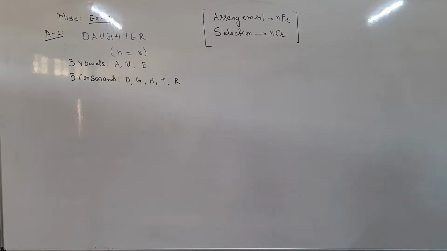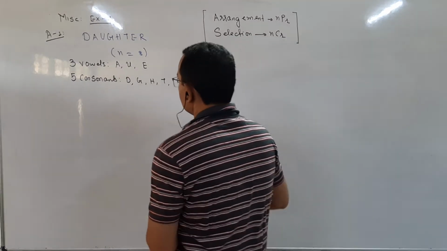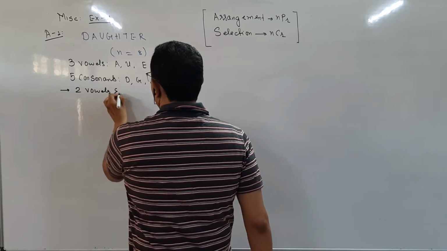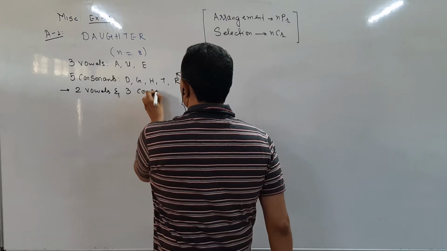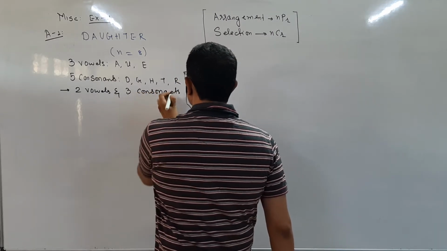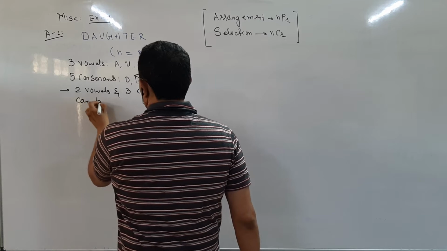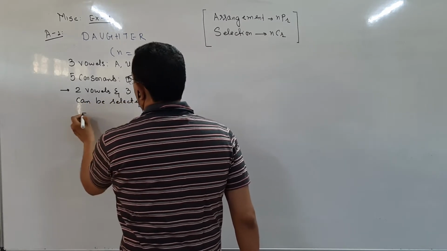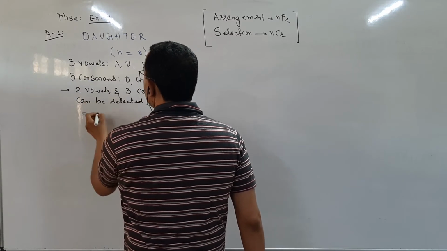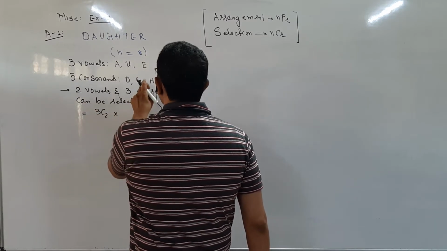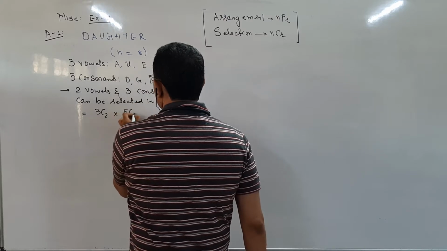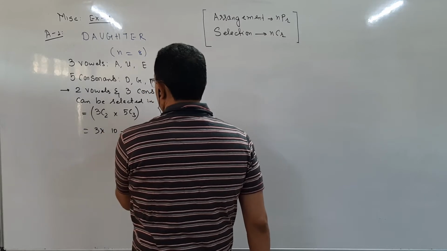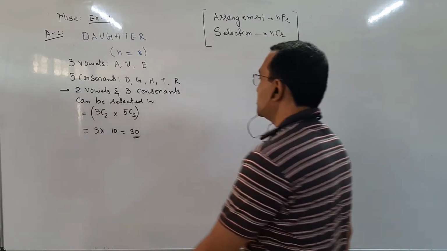So my first thing is selection. 2 vowels and 3 consonants can be selected in, out of 3 any 2 vowels, selection means combination, and out of 5 consonants, any 3, so combination. 3C2 into 5C3, that is 3 into 10, and this is 30.